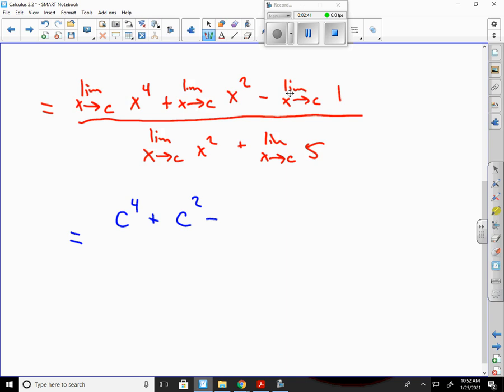And then the limit as x approaches c of 1. There's no x here, so no c goes in. This is just minus 1. On the bottom, we substitute the c in for the x. It becomes c squared, and then plus 5, because again, there's no x for c to plug into.